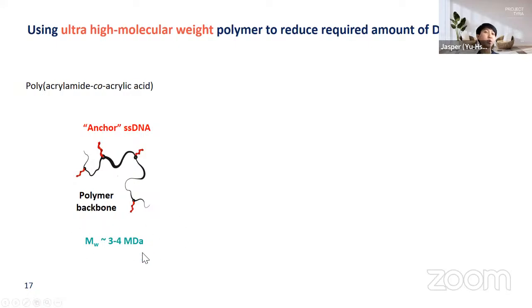The molecular weight of this polymer is in the megadalton range, which is quite heavy, because we hypothesized that if the polymer is so heavy, then we can use less DNA crosslinker to form a firm gel, because there will be a lot of entanglement that supports the whole structure.